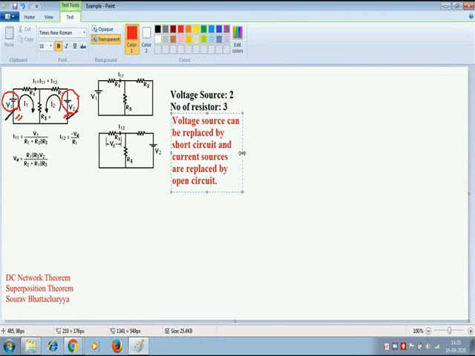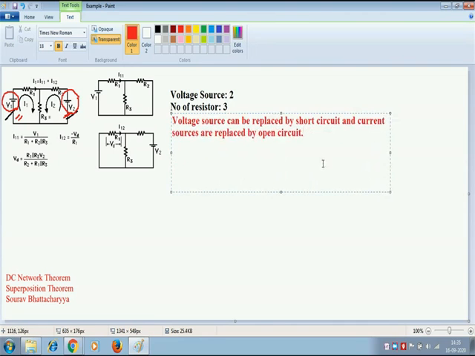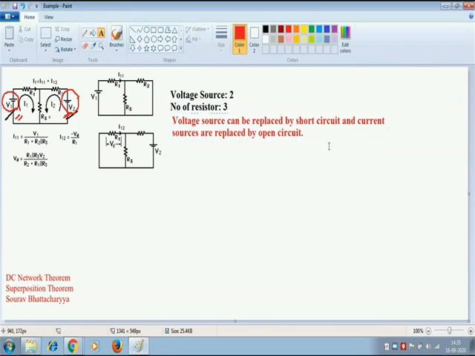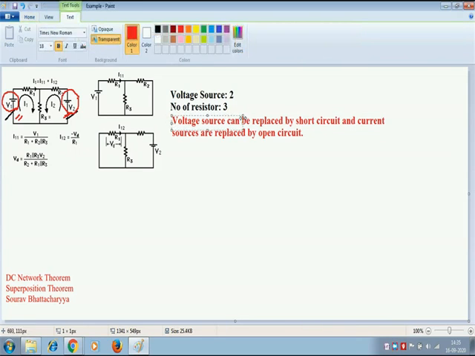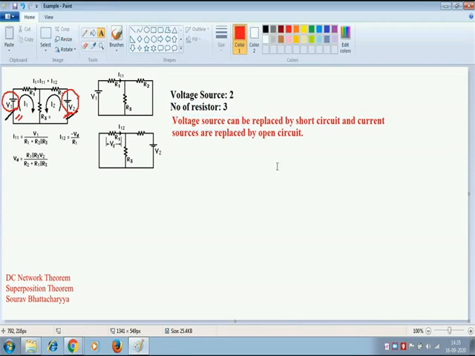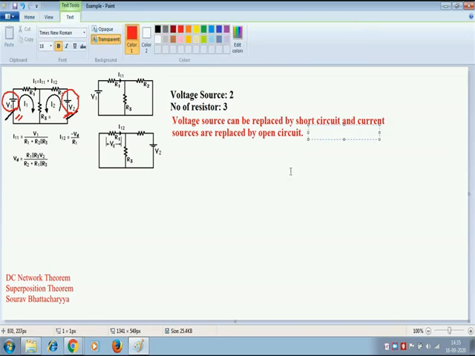If we have more than one source, then at a time we will use only a single source; multiple sources will not act simultaneously. So when a single voltage source is used, the other remaining sources get replaced by their internal impedance.